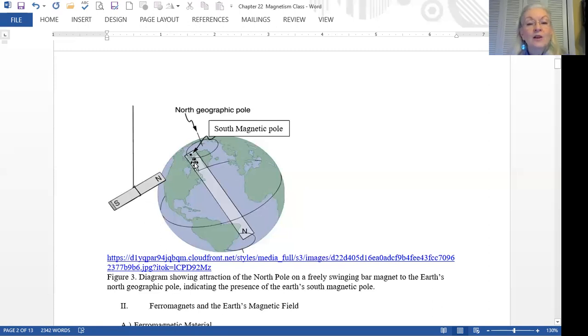This is actually an older drawing. If we were doing our little bar magnet, it's not oriented this way anymore. Instead of pointing off to the left of the screen, it now points slightly to the right. And we'll talk about that in a few minutes.